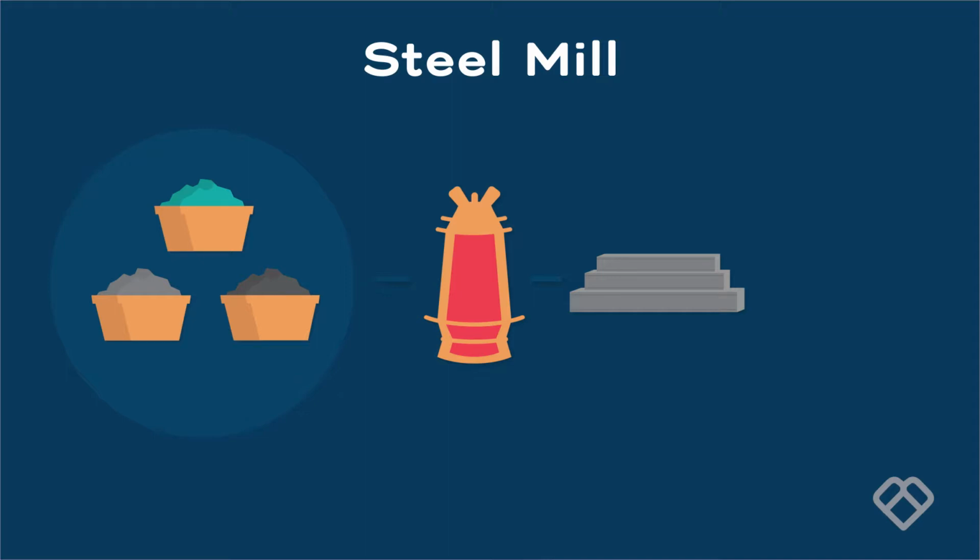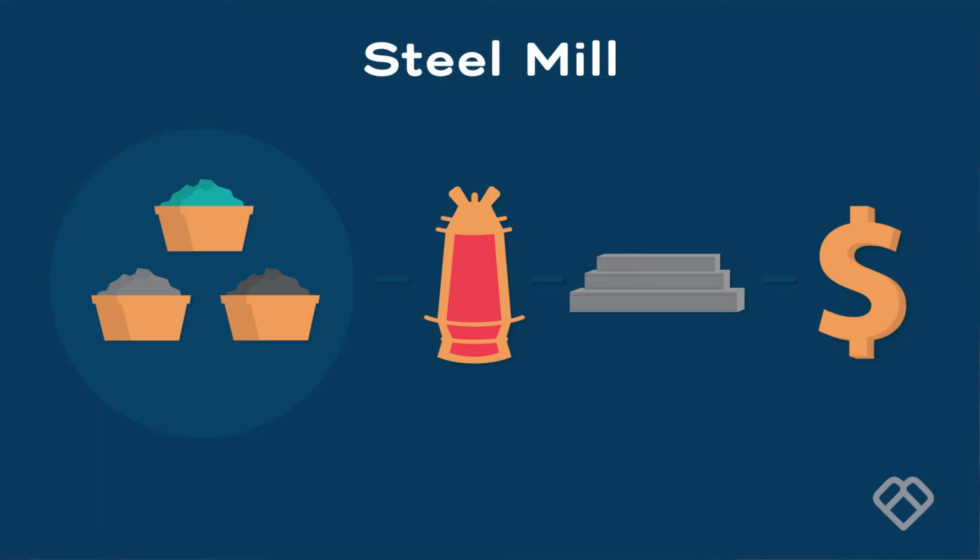But if you think about the goal of the owners of the steel mill, their goal is to make money. So from their point of view, the ultimate outcome of the steel mill is money, analogous to the ultimate outcome for our social enterprise, which is to make the lives of homeless people better.